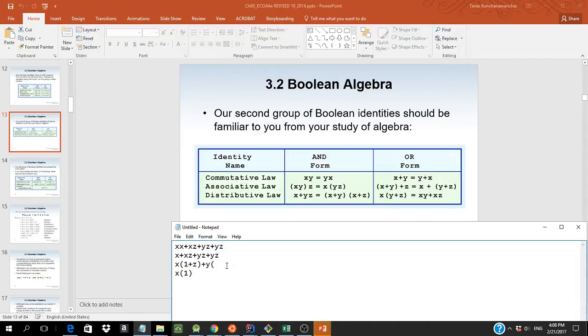So xz and yx, this should be yx, because distributive: y times x and y times z. So yx, and then we have common x plus z.